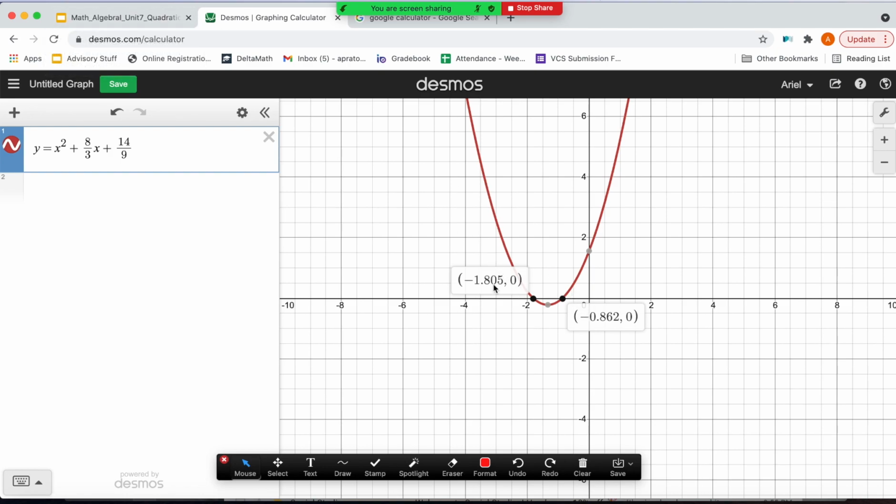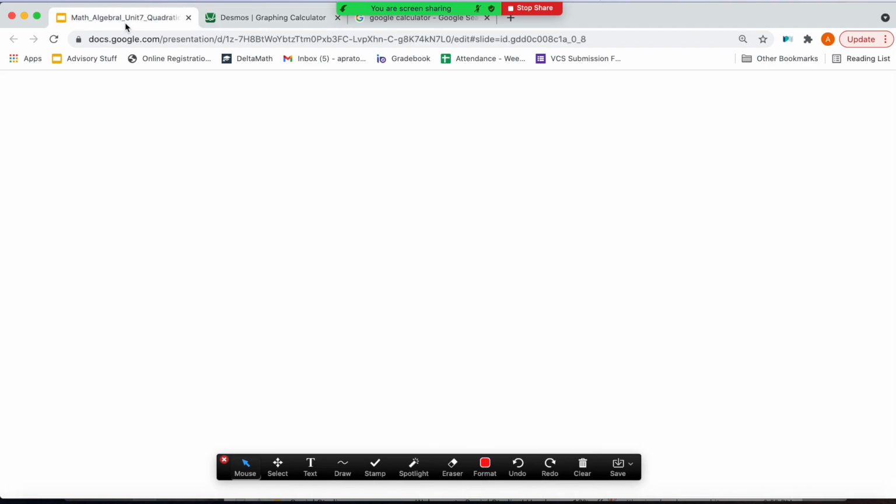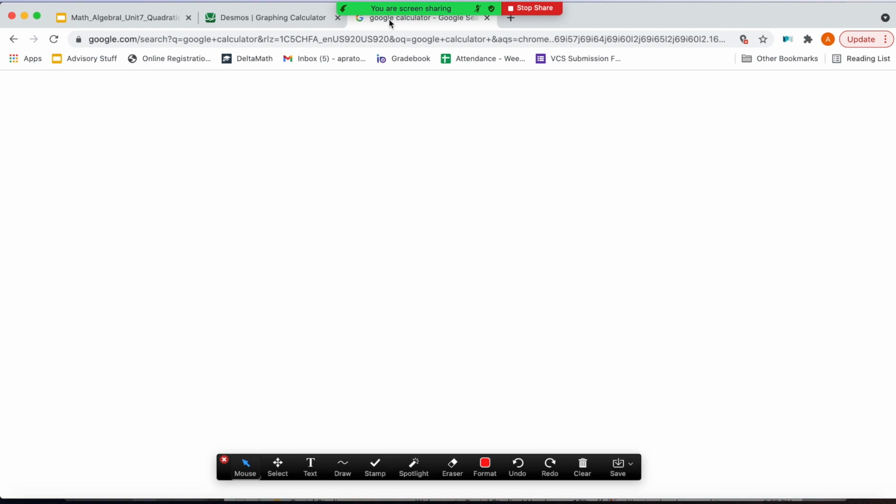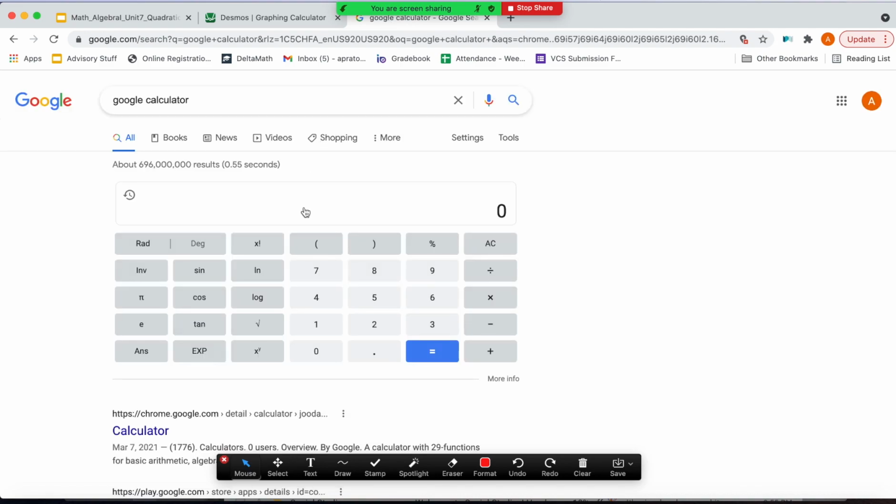Using completing the square. Now again, these are approximate solutions because if you actually input this into the calculator, let's look at it. Negative 4/3. I'm just going to do it in steps. Negative 4/3 plus the square root of 2/9.